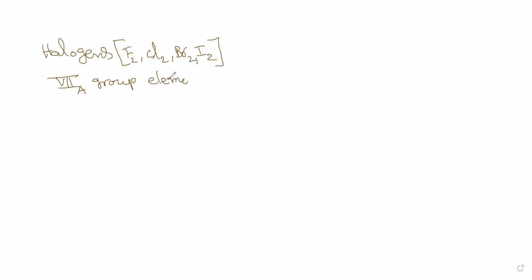The 7th A group elements are the above: fluorine, chlorine, bromine, iodine. Halogens have high electron affinity. They have very high electron affinity.